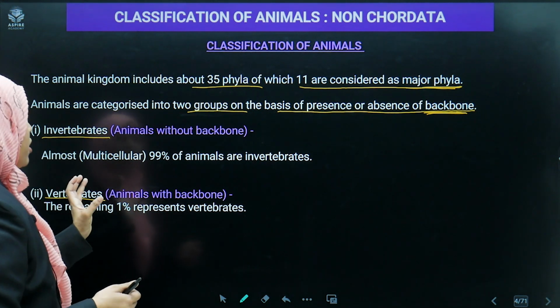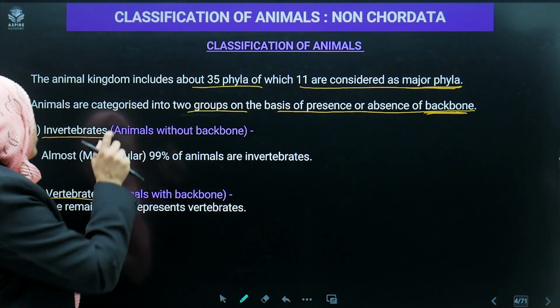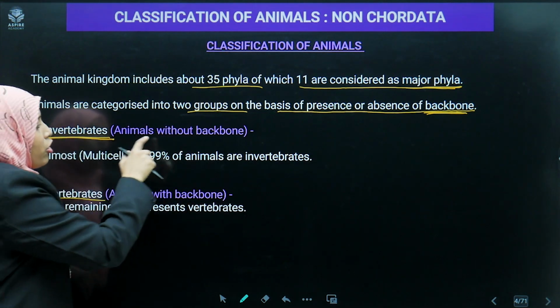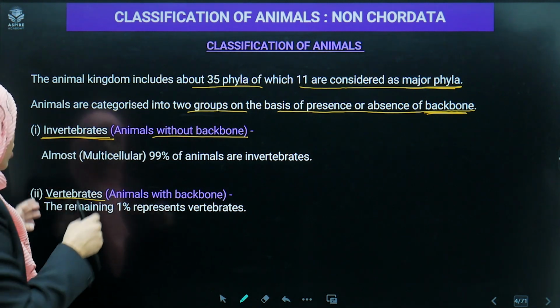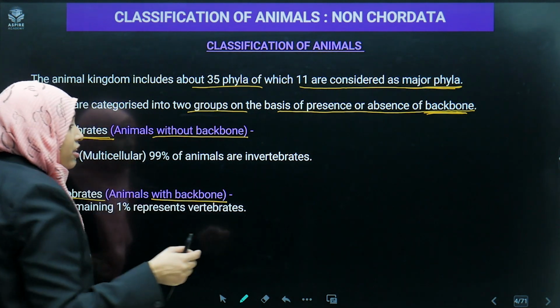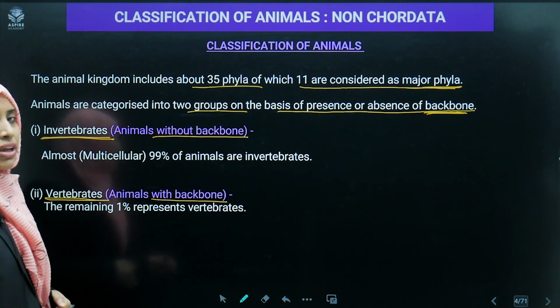What is invertebrate? Animals without backbone. If there is no backbone, then we can call them invertebrates. And if the backbone is present, that means animals are with backbone, so we can classify them as vertebrates.